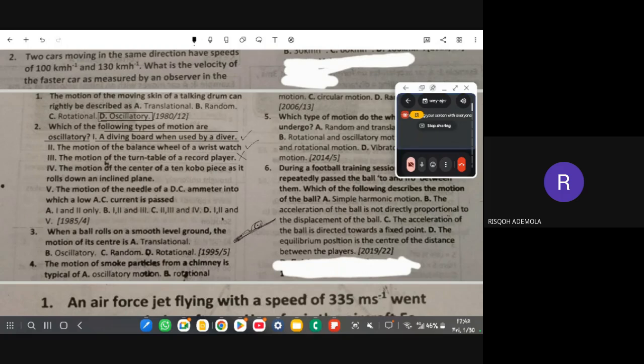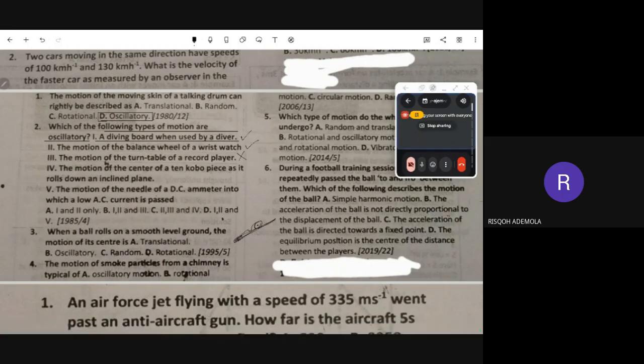So it says the motion of the needle of a DC ammeter into which a low AC current is passed. Now, if you've seen a stabilizer before, what happens to it when light enters into it? In a stabilizer, there's a component like this that has 1, 2, 3, 4.